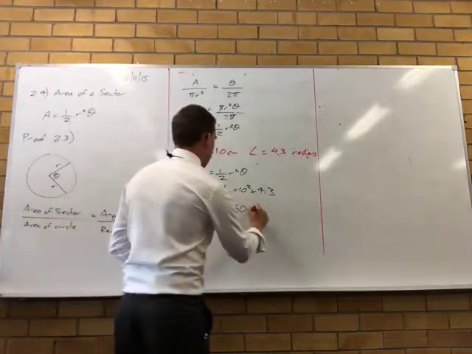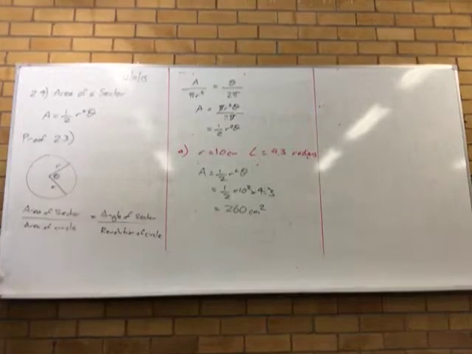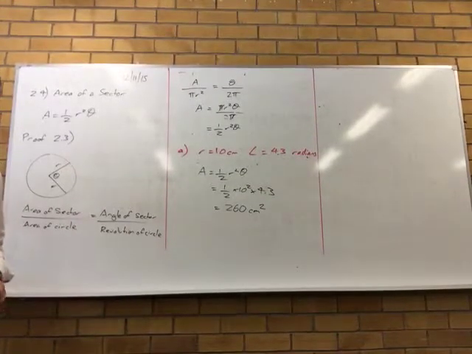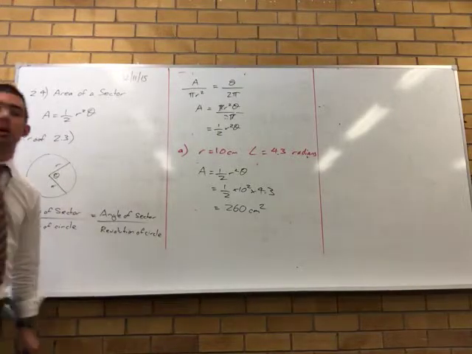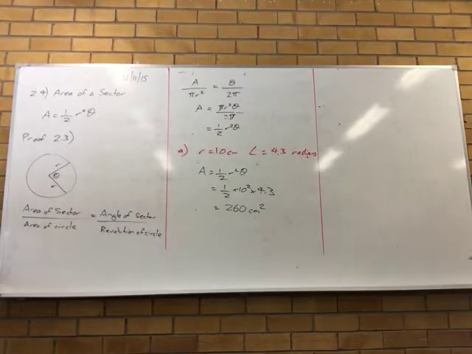Area, so we had centimetres squared, because you're given the radius in centimetres, the area will be centimetres squared. But any questions? Nice and simple.